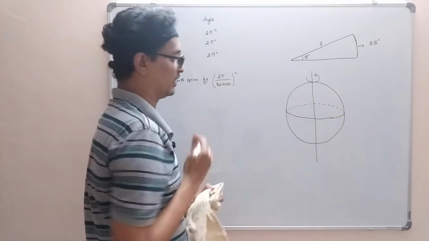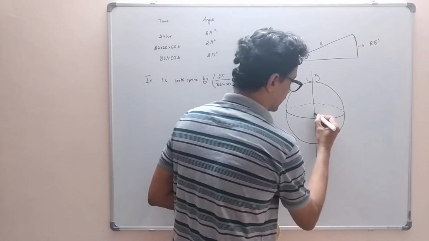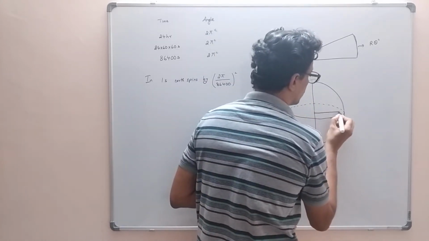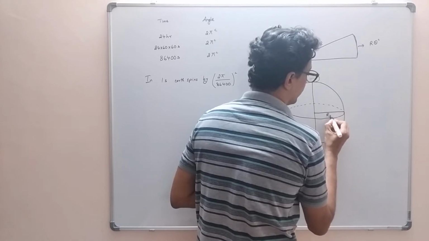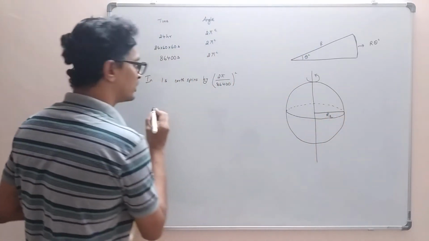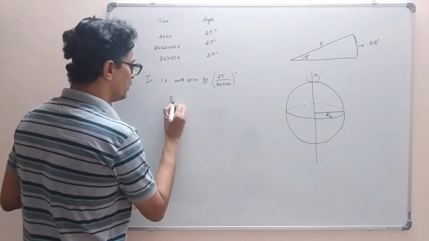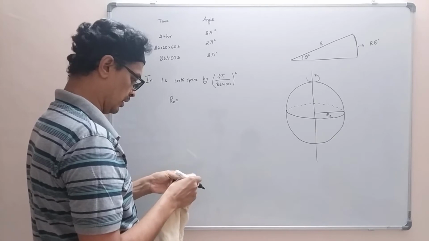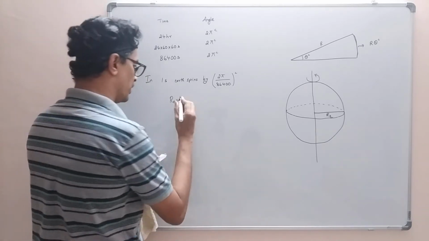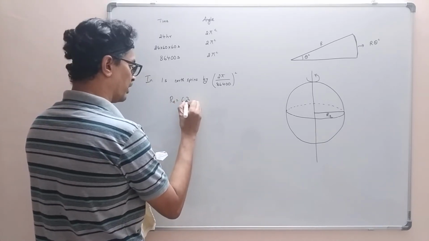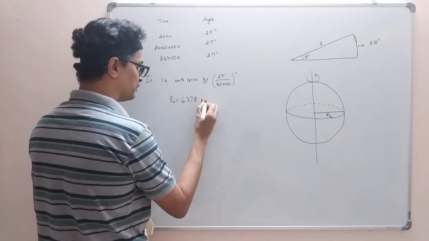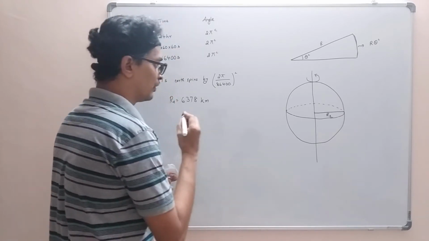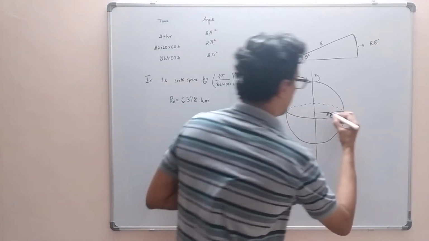This is the center of the circle. Let us assume the earth to be a sphere. What is the radius of the earth? Let this be RE, the radius of the earth. It is 6,378 kilometers.